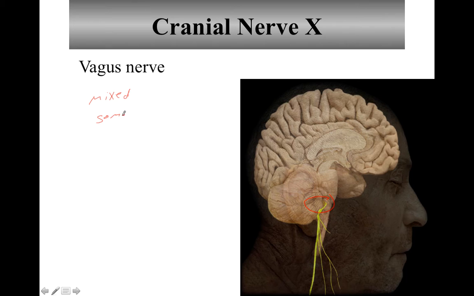So remember, somatic are those voluntary, to muscles of speech and swallowing, and autonomic to your viscera in your thorax and abdomen.